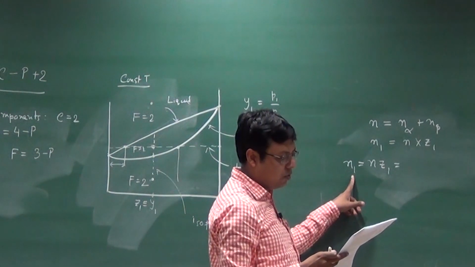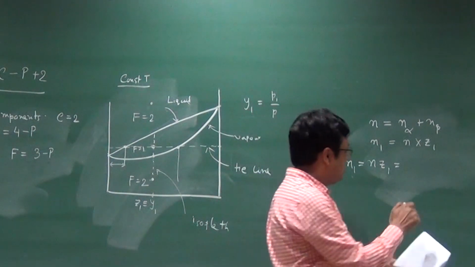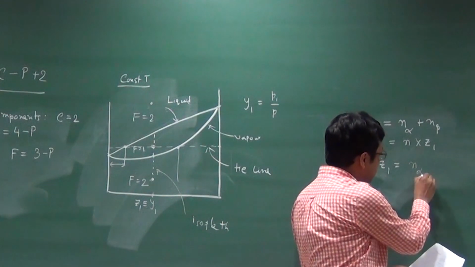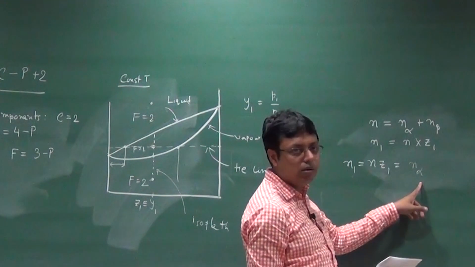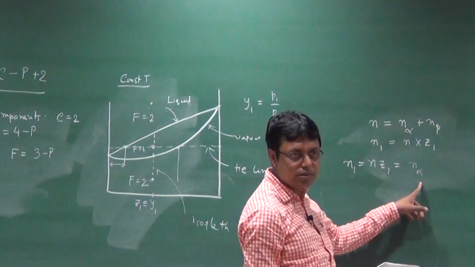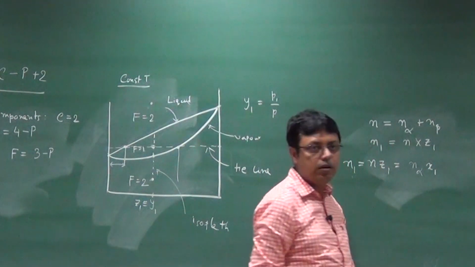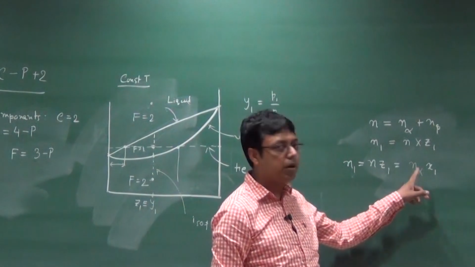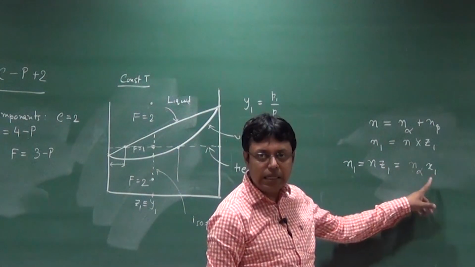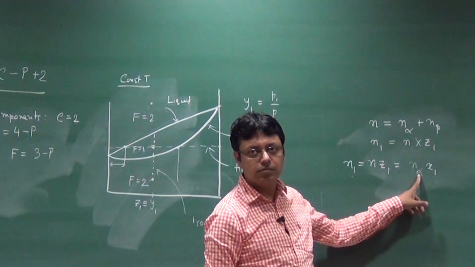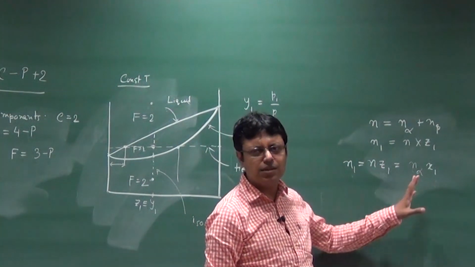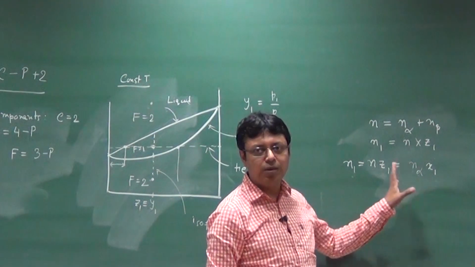That will be equal to the alpha phase moles times the alpha phase mole fraction of 1, which gives you the number of moles of 1 in the alpha phase. Clear? It's just a notation thing, just a two-line proof.